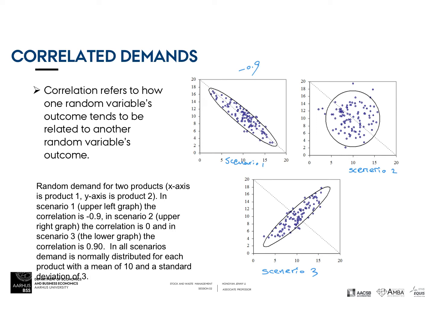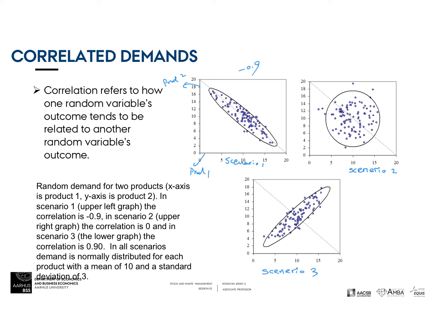So now you can see that the two products' demands increase in opposite directions. When the demand increases for product 1, the demand for product 2 is decreasing. So that's called negative correlated.